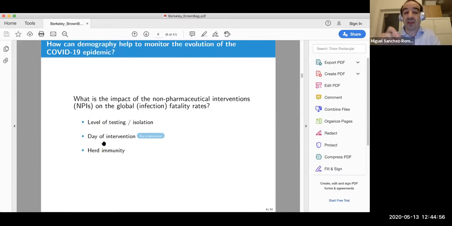What happens if we start intervening, testing and isolating people at different weeks? And also what will be the effect of herd immunity. The herd immunity in this case is calculated assuming the proportion of people that are susceptible to getting infected.